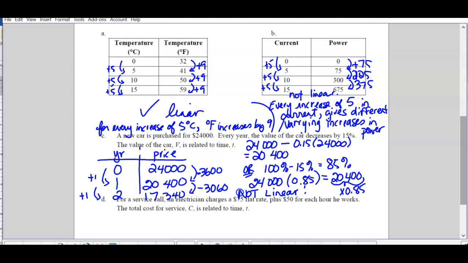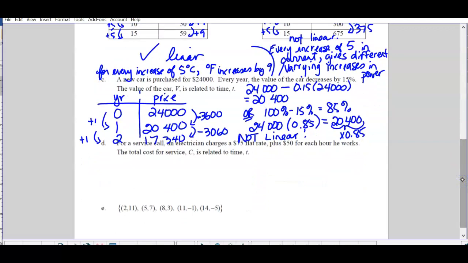For a service call, an electrician charges $75 flat rate plus $50 for each hour. Total cost is related to time T. So this is kind of like the cost of a banquet hall. So this is time and cost. So probably you know that it's linear, but let's just check it out. For 0 time, it's still going to charge $75 for showing up at your house, even if they don't look at anything.